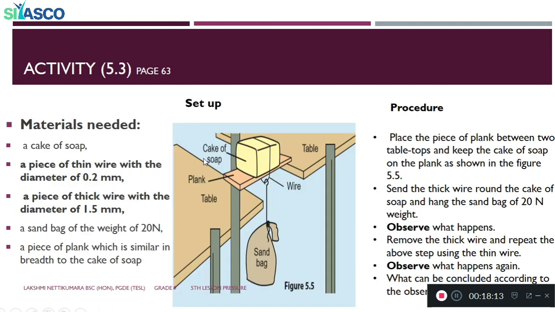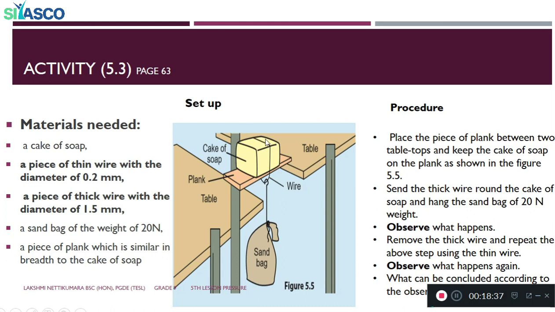As in activity 5.1, you have to set things this way. In the same manner, you place this cake of soap on the plank and keep it in between two tables and coil the wire.